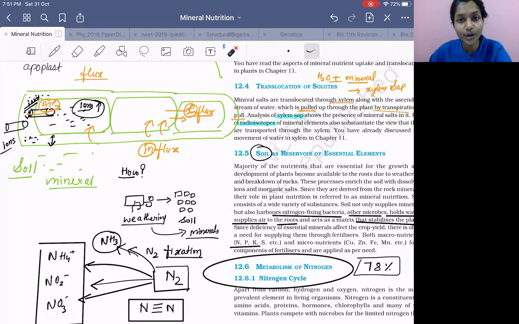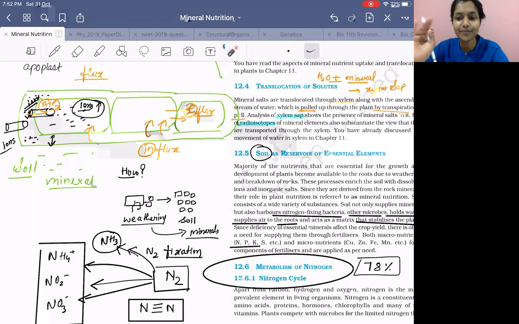You need to convert it into a form which the plant can absorb, and that is nitrogen fixation, and that is done with the help of microbe. From where these microbes are coming? These microbes are coming from the soil. The soil is providing it, right? The soil provides water, soil provides air, soil provides the microbe, soil provides the mineral.